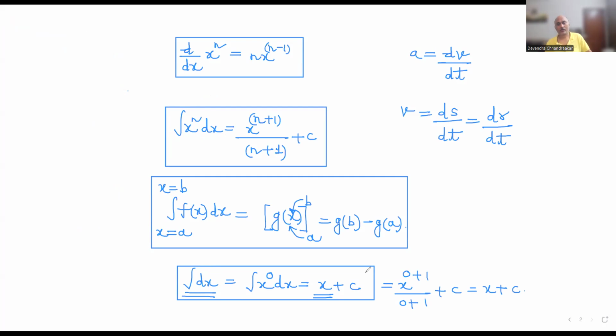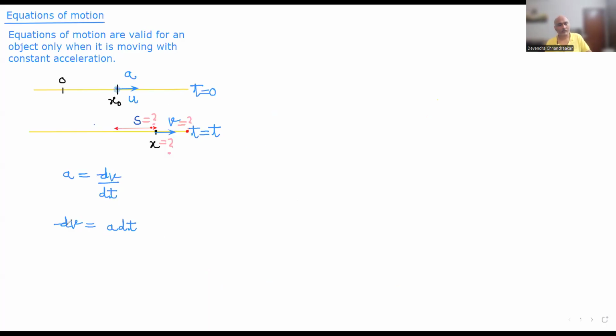Here also we want to find v, right? So we integrate this dv. And once we integrate on one side of the equation, we have to integrate on the other side as well. So this is a dt. At t0, what was v? At t equal to 0 on this timeline, can you see v was u here?